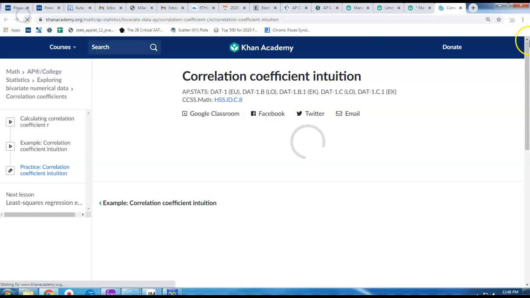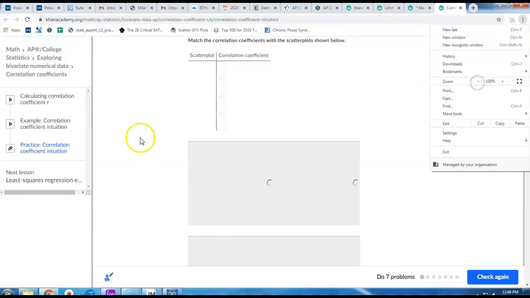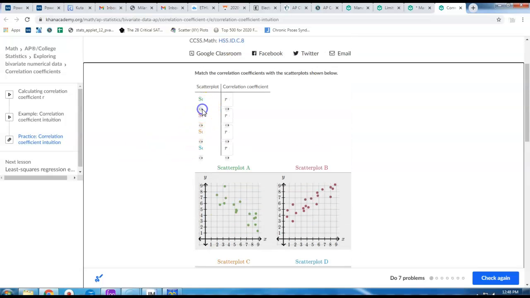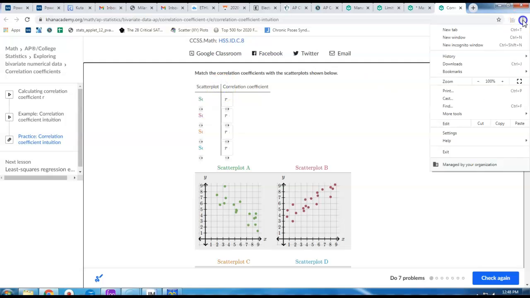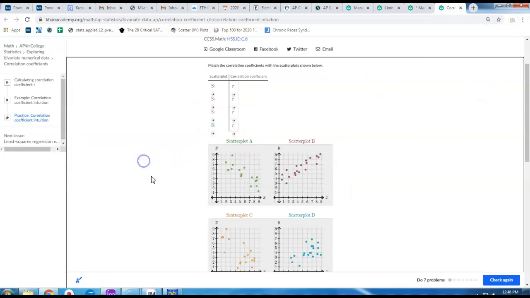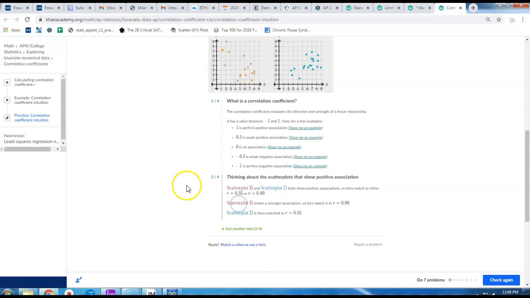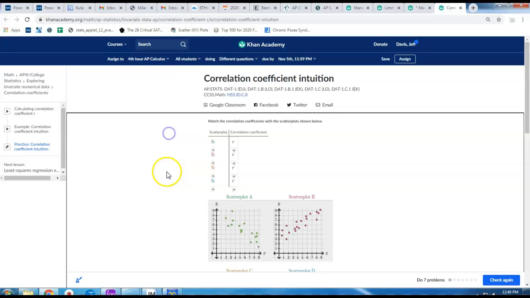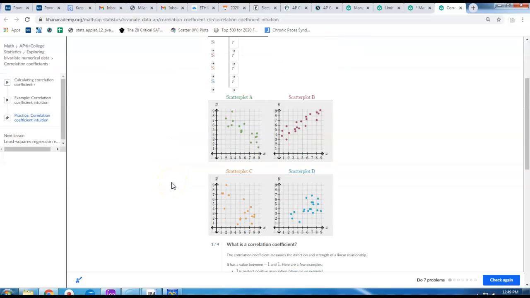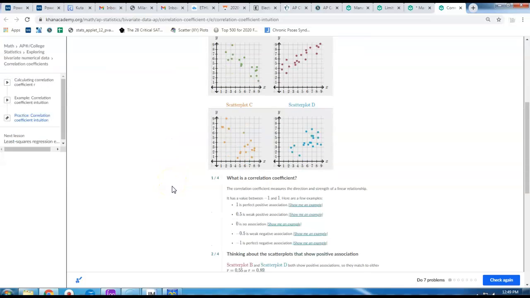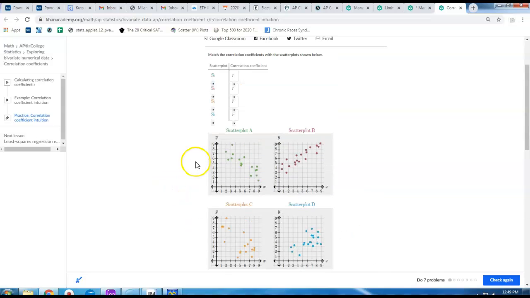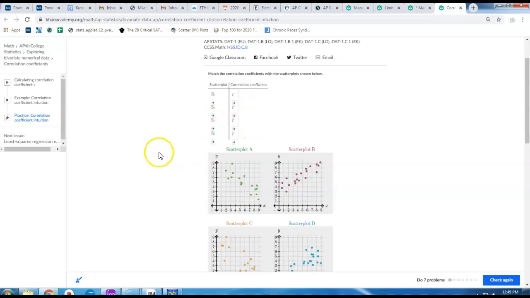There's no numbers. Let me refresh. Are there numbers here? What is going on? Well, let me try to talk through this. In general, and hopefully yours works, mine does not appear to be showing the numbers. There must be numbers in here somewhere.